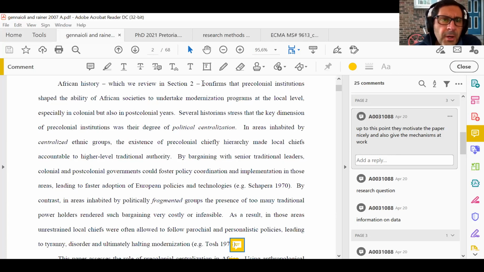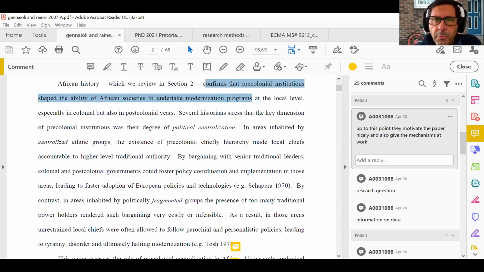For instance, African history confirms that pre-colonial institutions shape the ability of African societies to undertake modernization programs at the local level, especially in colonial, but also in post-colonial years.